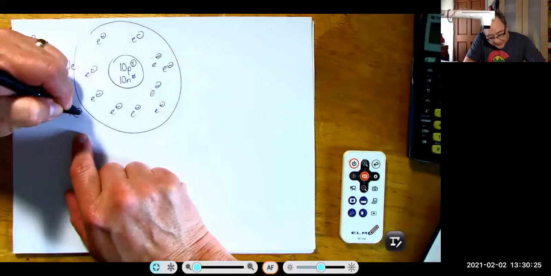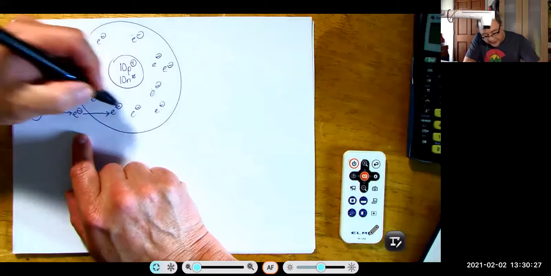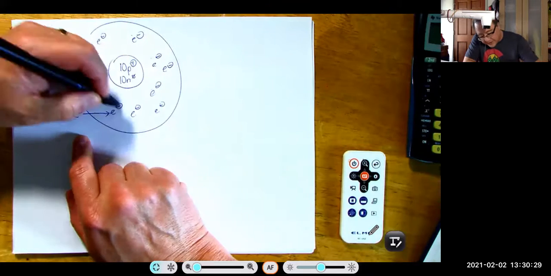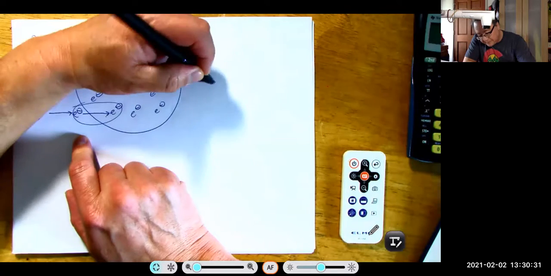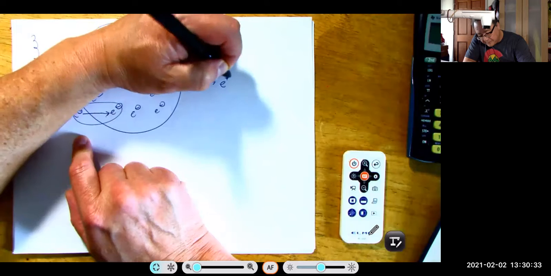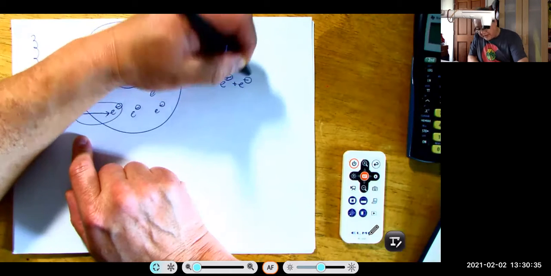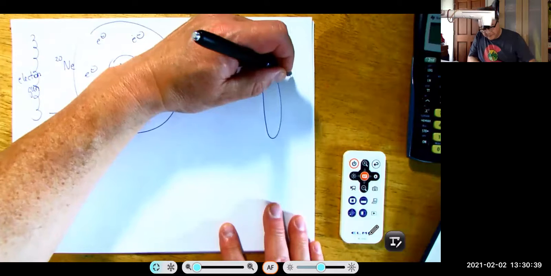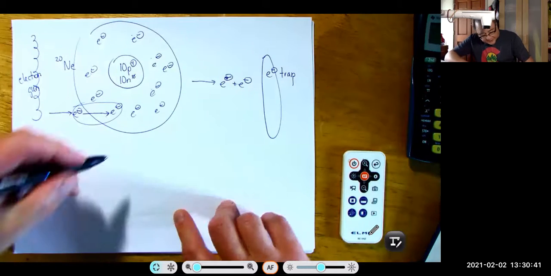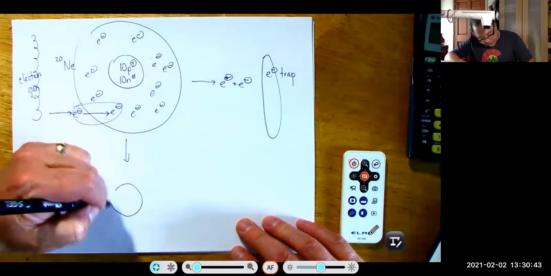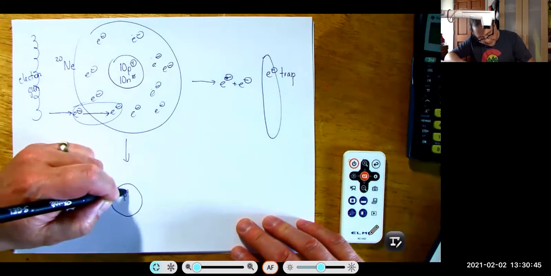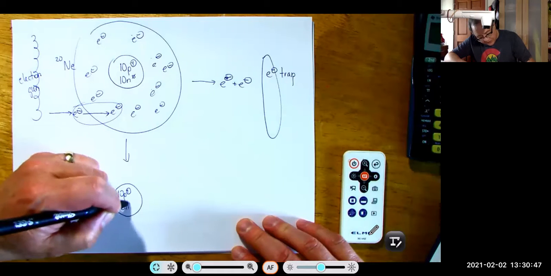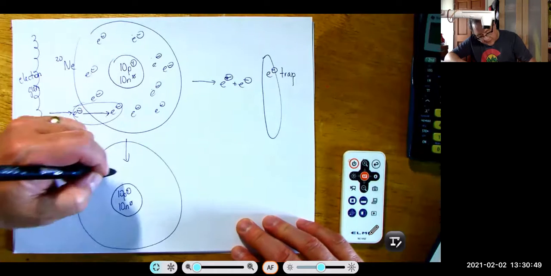And that electron is going to take one of these electrons, and both of these are going to end up going to the electron trap. So what's going to happen to this one is it's going to end up having 10 protons, 10 neutrons, and only 9 electrons.